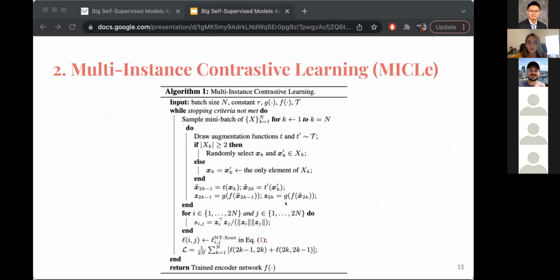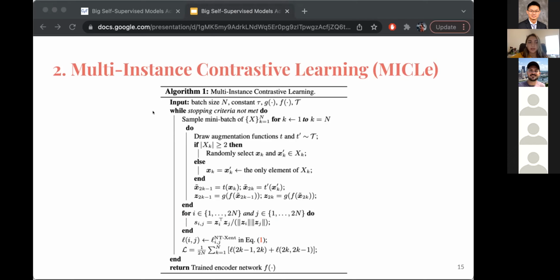And how this works is, in contrast to the SimCLR that I mentioned, to construct the mini batch of 2n representations, where n is the batch size, they randomly sample a mini batch of n bags of instances, and they define the contrastive prediction task on the positive pairs from the bag of images instead of the augmented one.